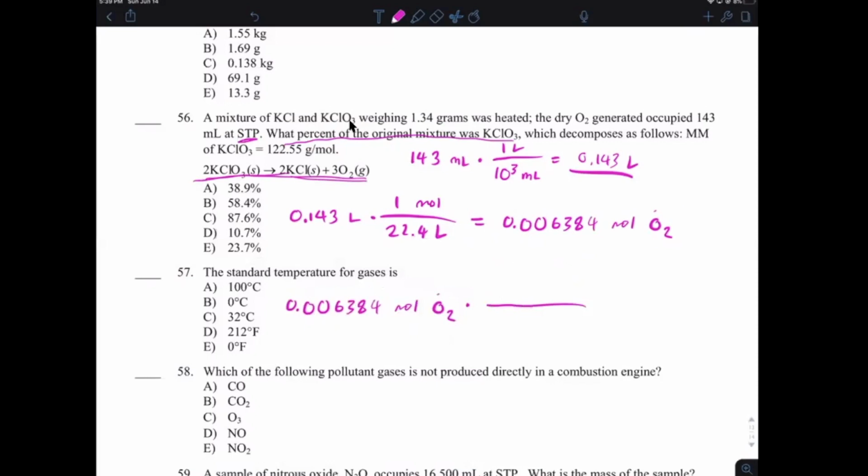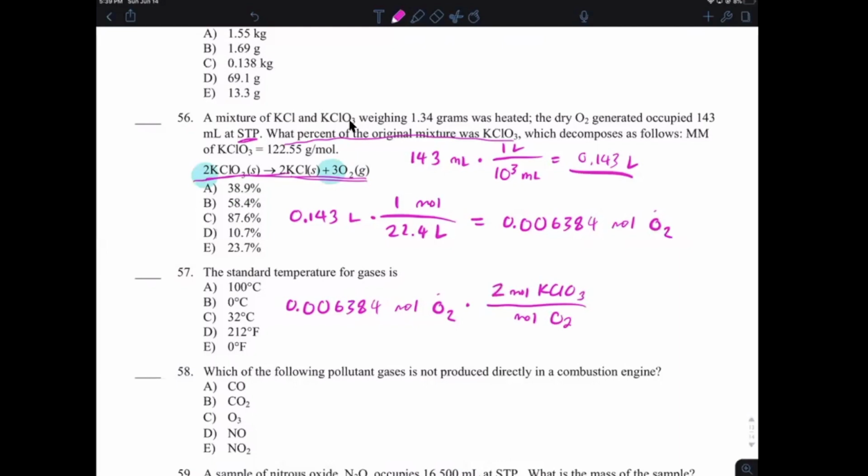What's the ratio we need to multiply by to get into moles of KClO3? So I would go here and I'll go here.